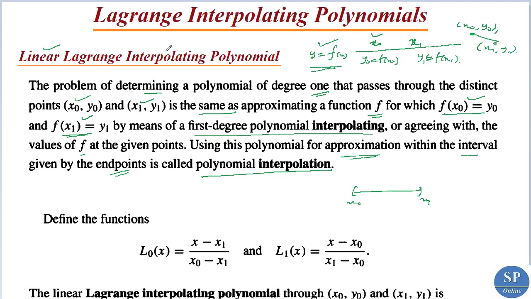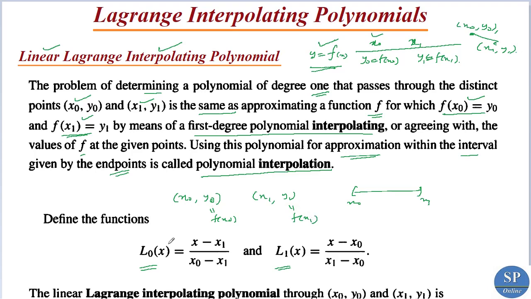Now to obtain the Lagrange interpolating polynomial, we can first define two functions L0 and L1. We have 2 points (x0, y0) and (x1, y1), where y0 is the functional value of f at the point x0, that is y0 is f of x0 and y1 is f of x1.